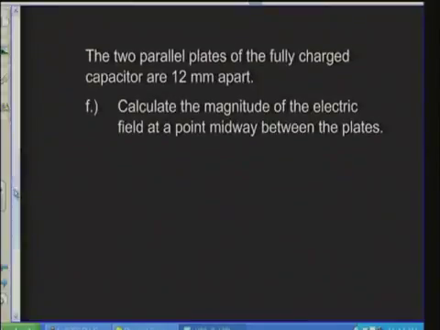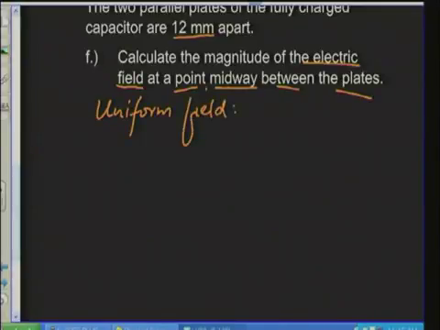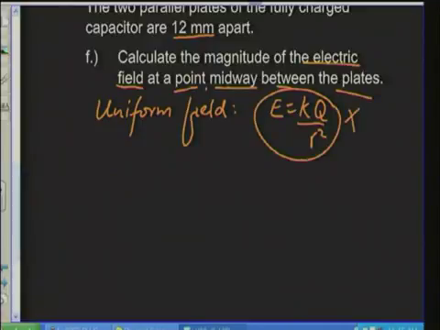Now, moving on, the two parallel plates of the fully charged capacitor are 12 millimeters apart, as we have said. Calculate the magnitude of the electric field strength at a point midway between the plates. Now, look, the field there is uniform, so we can't use this equation here. This equation doesn't apply.